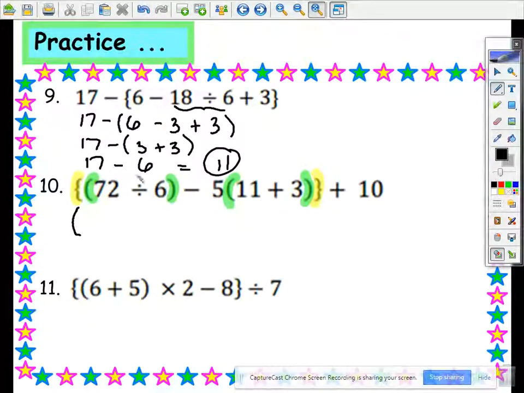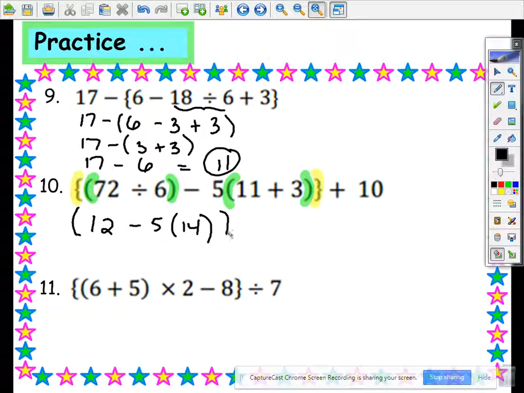You're going to do that one first, and then you're going to do the 11 plus 3. So we always work left to right. All right, so 72 divided by 6, we have 12 minus, I'm going to keep this 5 out front here, and 11 plus 3 is 14.